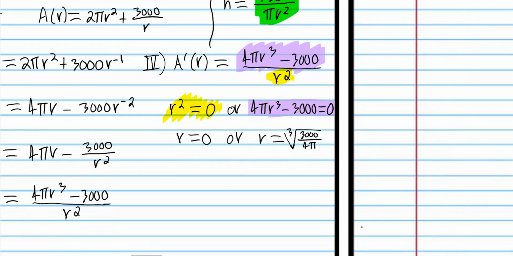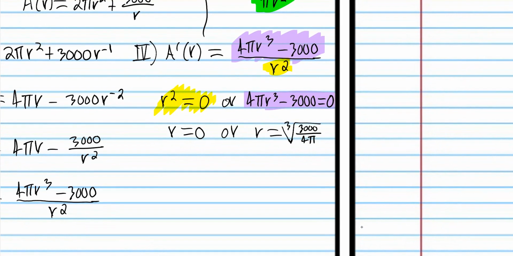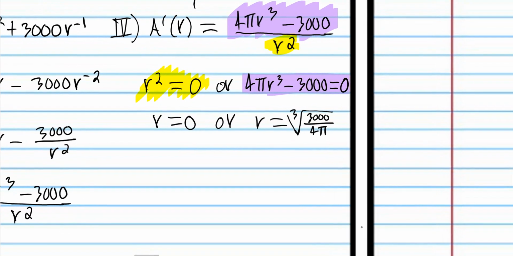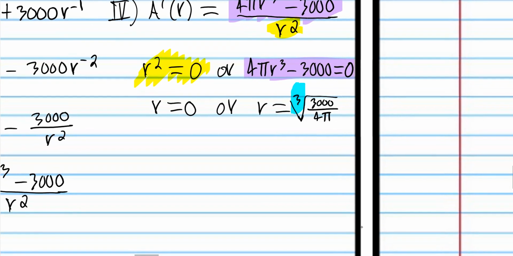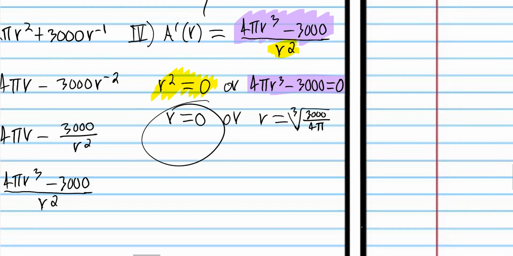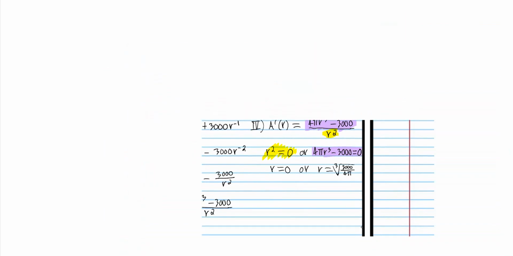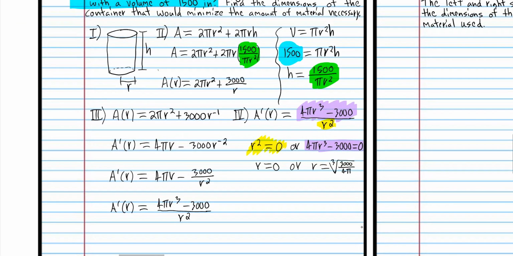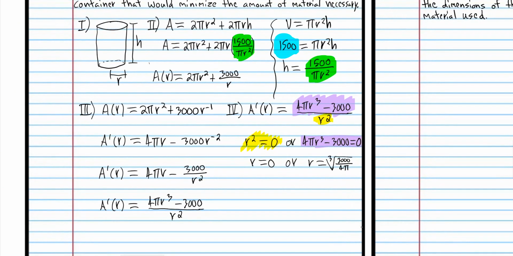Sorry, that's kind of written small there. And again, you don't have to write a plus or minus symbol because our index is an odd number. So we don't really care about this critical number because that's not really in the domain. R is not going to be 0 because then we wouldn't have any volume at all.